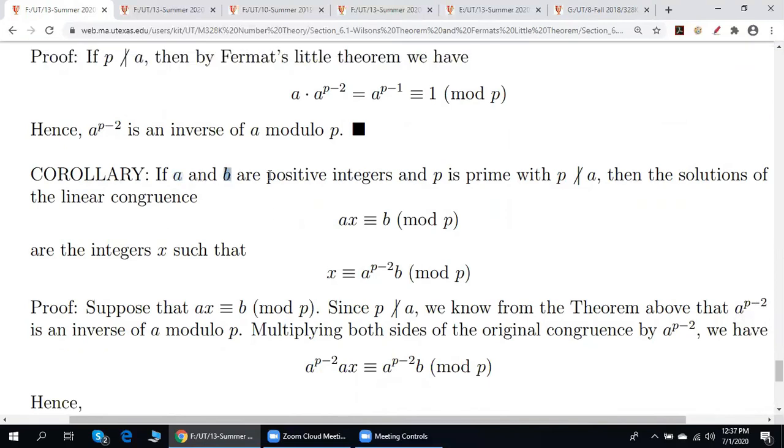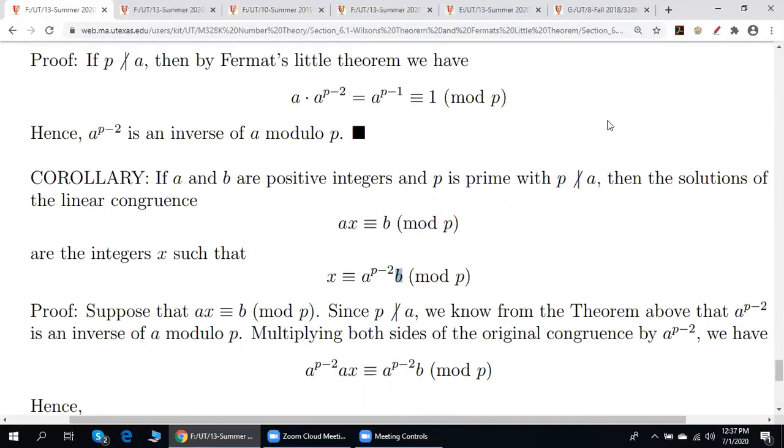Let a and b be positive integers and p be a prime number such that p does not divide a. Then the solutions of the linear congruence ax is congruent to b modulo p are the integers that are congruent to a to p minus 2 times b modulo p.